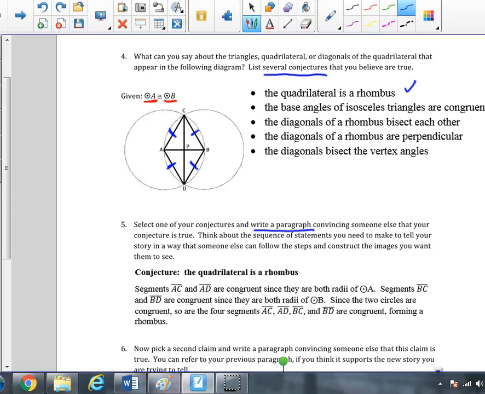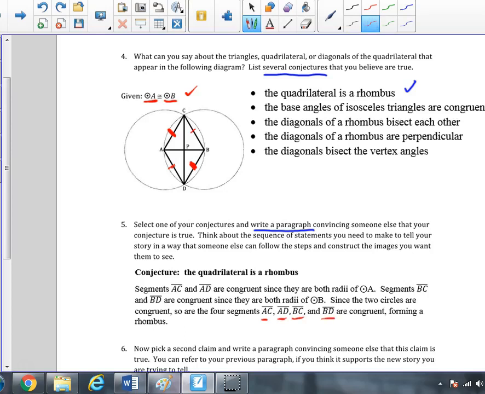The first thing we started off with, and I'm just going to erase my diagram, is that line segment AC and line segment AD were congruent since they are both radii of circle A. Then we concluded that segment BC was congruent to segment BD because they are both radii of circle B. Since these two circles are congruent, which we were given in our initial information, we can conclude that all four of those segments are congruent: line segment AC, AD, BC, and BD.